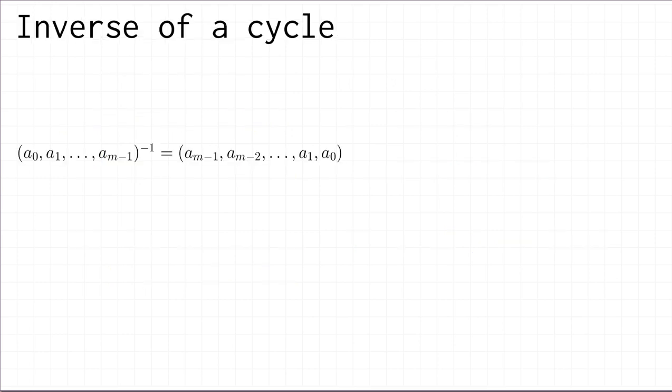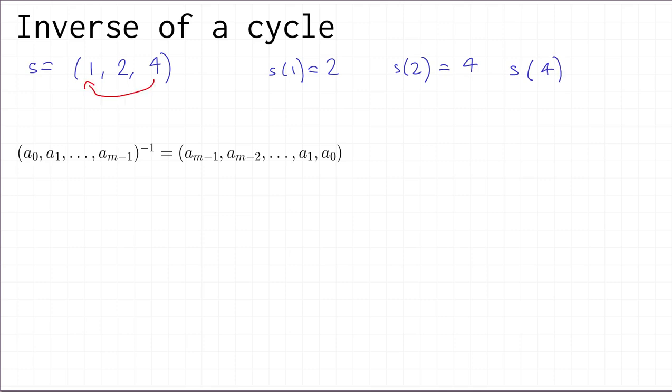Right, last thing that I'd like to say about cycles is about the inverse of a cycle. So let's take, for example, a cycle 1, 2, 4, like this one. So this cycle, let's call this S, sends 1 to 2, S of 2 is 4, and S of 4 at the end of the cycle goes back to the start, so S of 4 is 1 again.